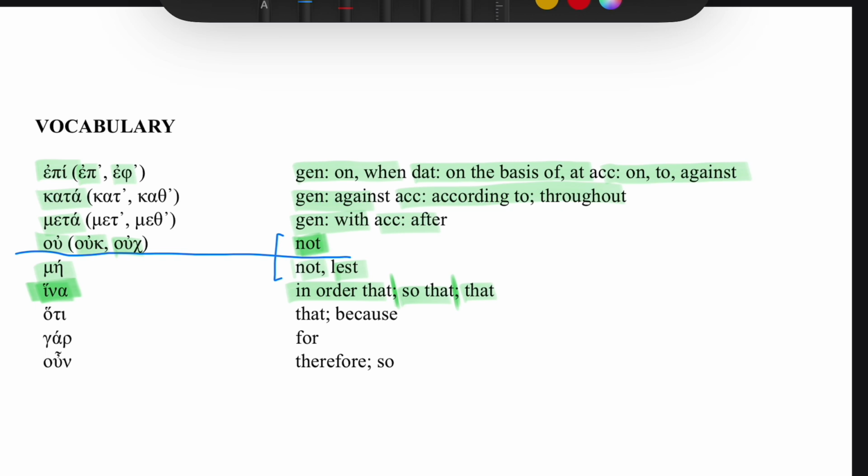In order that, so that, or that. Then we have hoti, which means that or because. Gar means for, and oun means therefore or so, that is another way it's seen. And that is your vocabulary for Chapter 7.